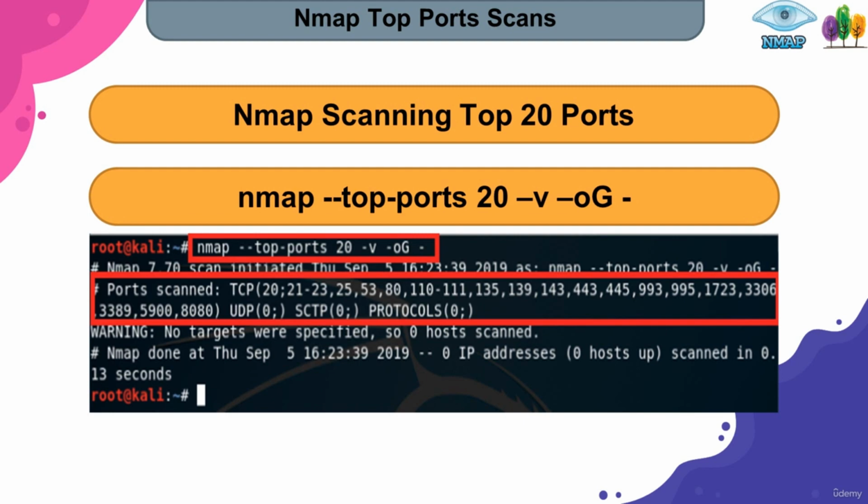The -v parameter means verbose. The -oG parameter specifies that the scan result will be in greppable mode, so we're only going to see the last line displayed.